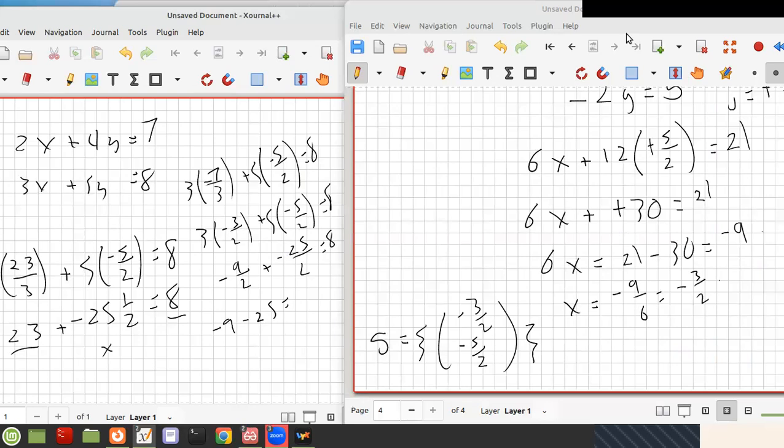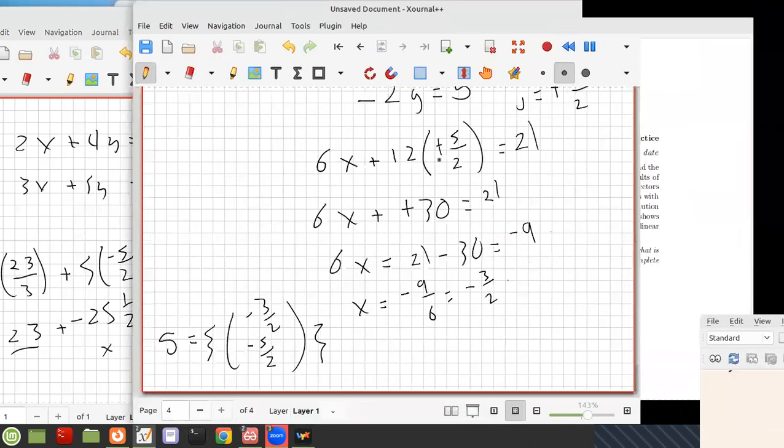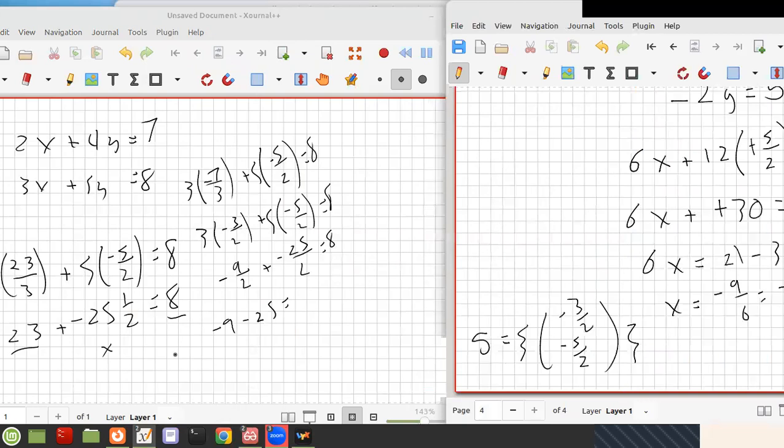Ah, the 5/2 should be positive here. Oh yes, because it changed the sign. Okay, so 5/2 here equals 8 times 2. So we have 25 minus 9 equals 16. And that looks actually right.